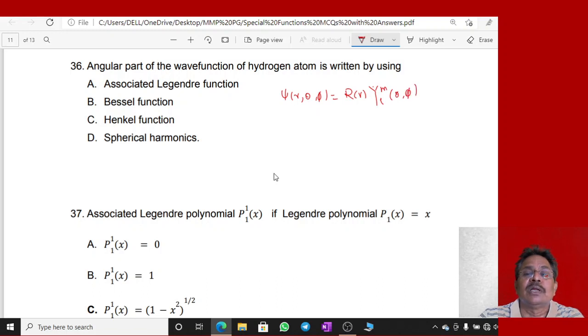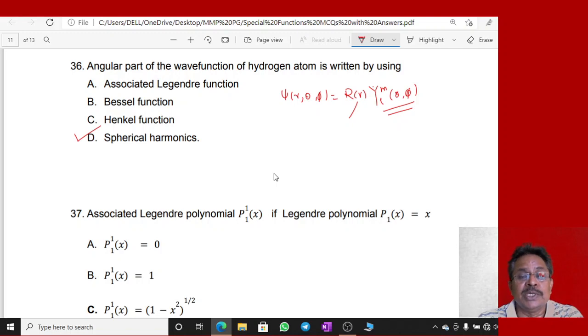So this particular function is obtained as the angular part, so this is the radial part, and this is the angular part which depends upon theta and phi. Therefore the angular part of wave function of hydrogen atom is called spherical harmonics, and therefore this question number 36, the correct option is D.